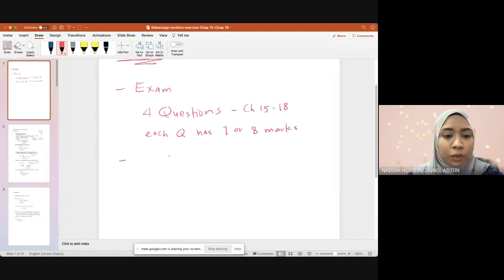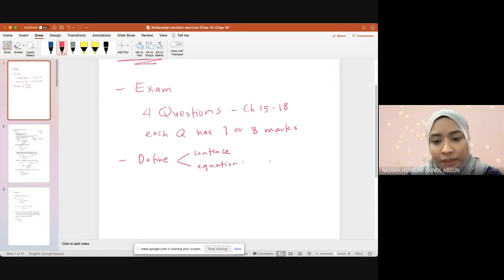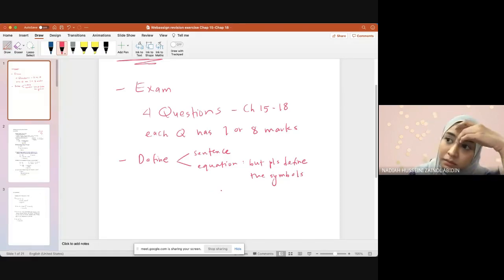And you need to be aware of the different terms that they use, such as define. What does define mean? You can give me a complete sentence or equation, but please define the symbols. Okay, so let's say I need a good equation. Let's use PV equals nRT.